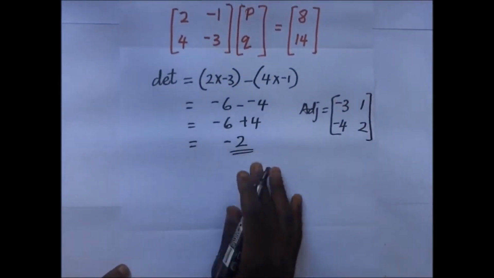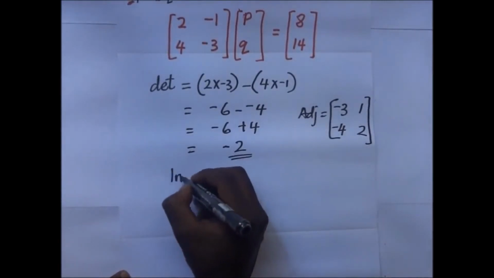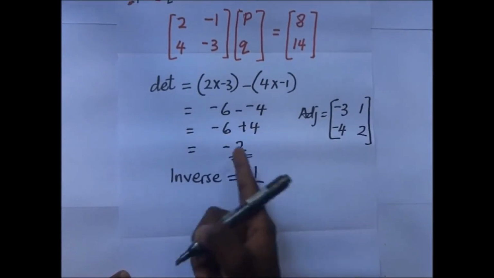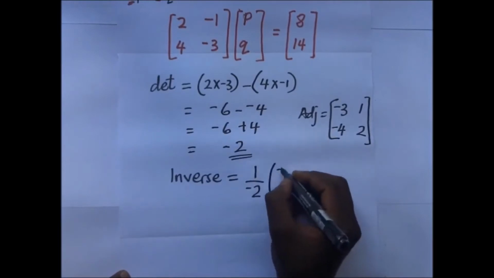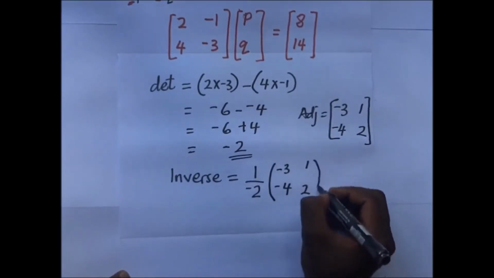So it means that the inverse of the matrix is going to be 1 over the determinant, which is -2, times the adjoint, which is -3, -4, 1 and 2.